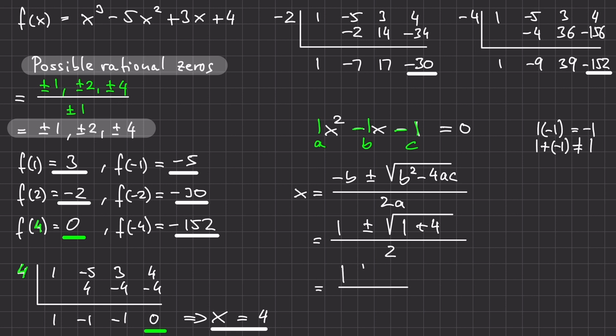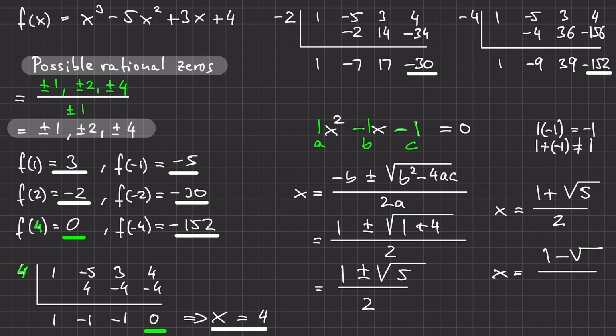So we get 1 plus or minus the square root of 5 over 2. So we get x equals 1 plus the square root of 5 over 2, and x equals 1 minus the square root of 5 over 2.